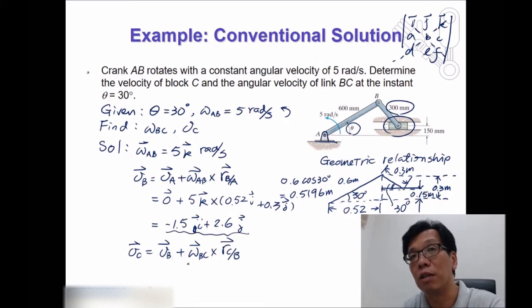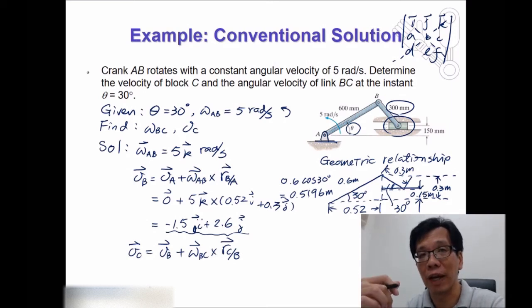Omega BC is something we need to find out, but obviously it should be rotated about a specific axis, which means the direction of omega BC must be K. The other thing we need to know is what is my x component and y component of RBC based on the observation at point B.